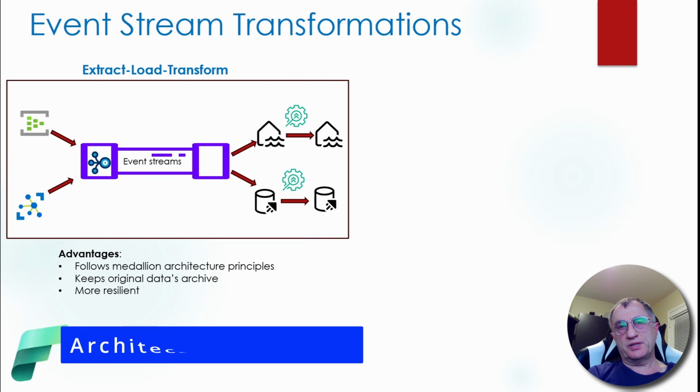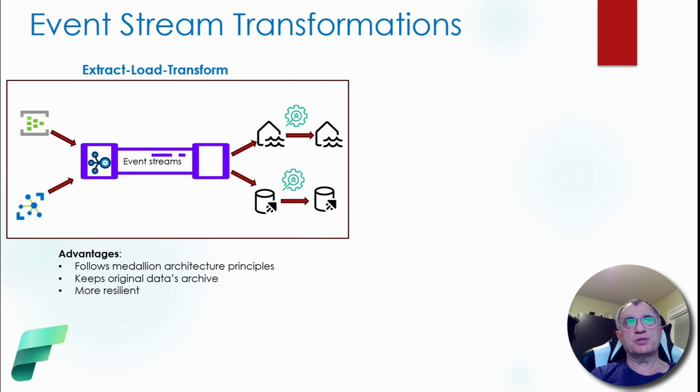Let's have a quick discussion around architecture options when it comes to ingestion and transformation using event streams. So I think there have been 2 popular approaches when it comes to any cloud ingestion.